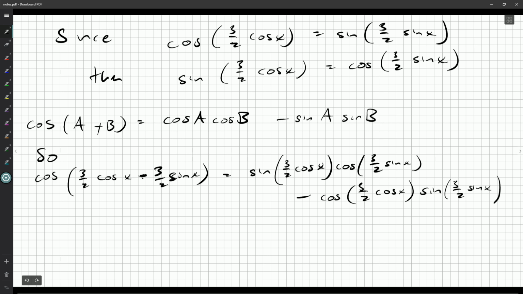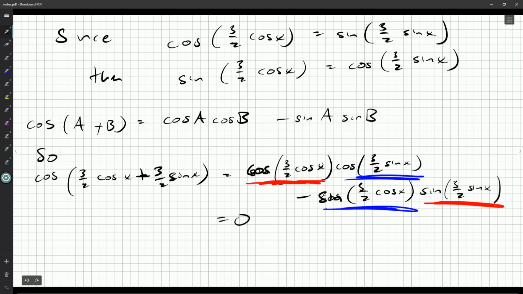So if we do cos of these two added together, then we'll have cos of the one minus sine of the other, but then this one is the same as this one, and this one is the same as this one, so this must be 0. Okay, so the cosine is 0.